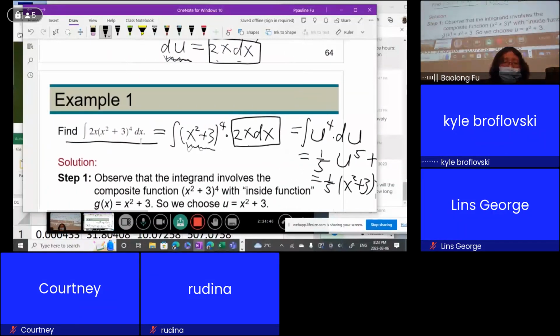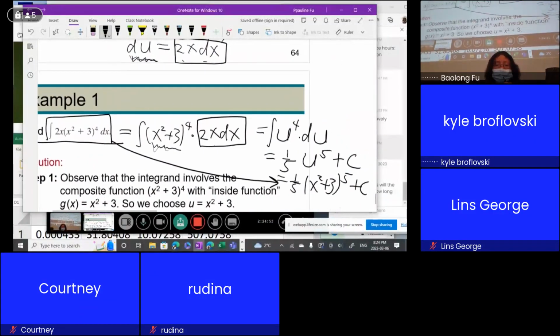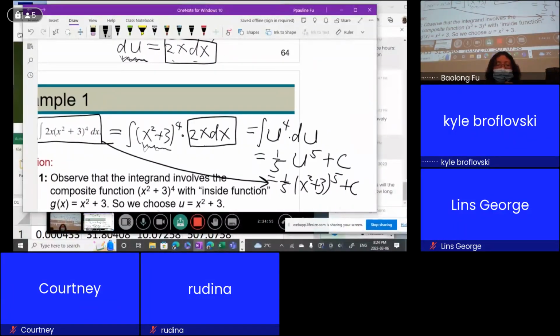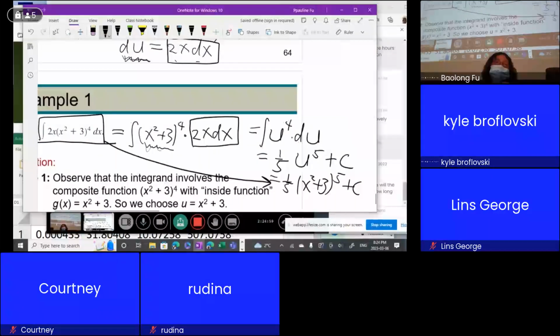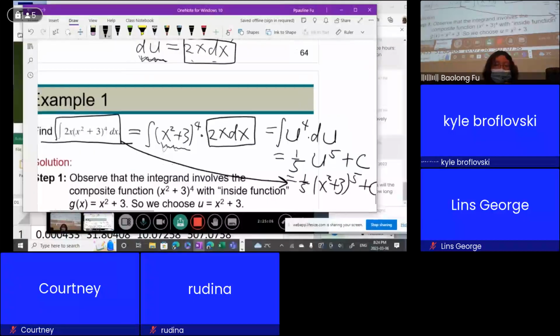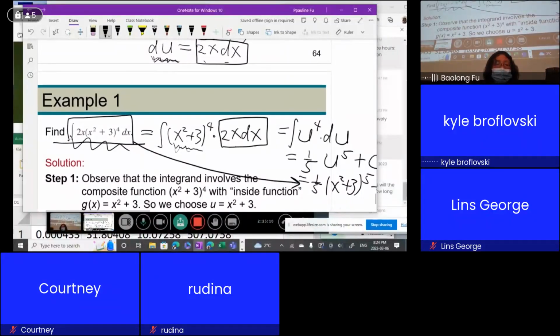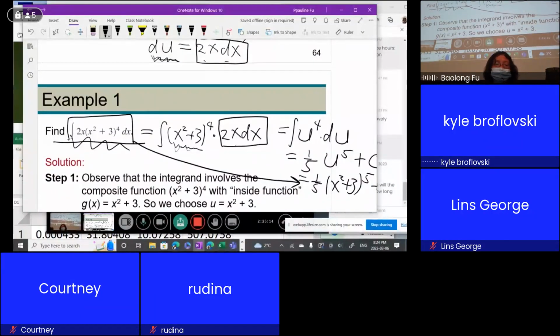So this is the final answer for this integral. Again, at home, redo this substitution by yourself without looking at the solution. If you're stuck, look at the solution.